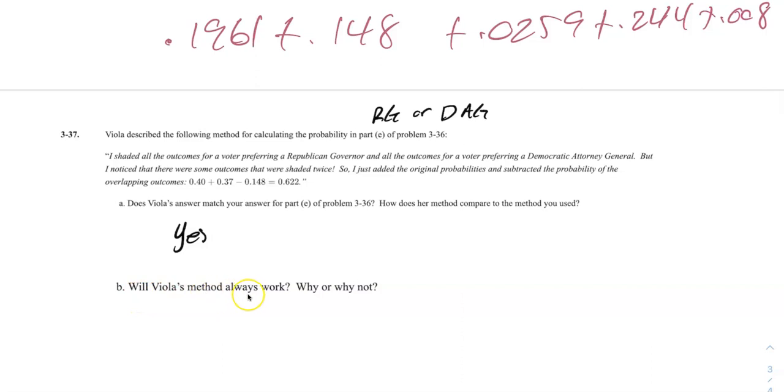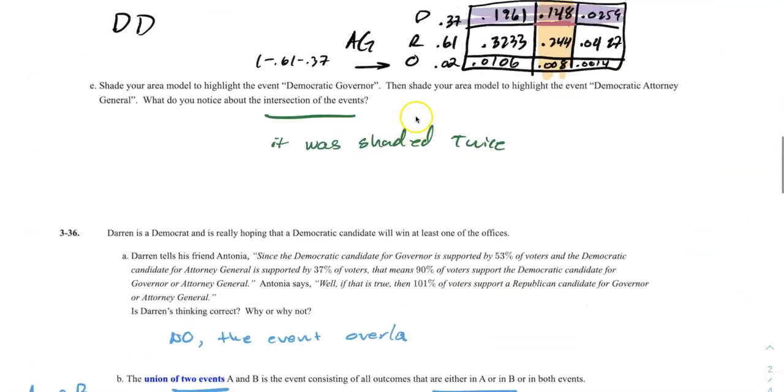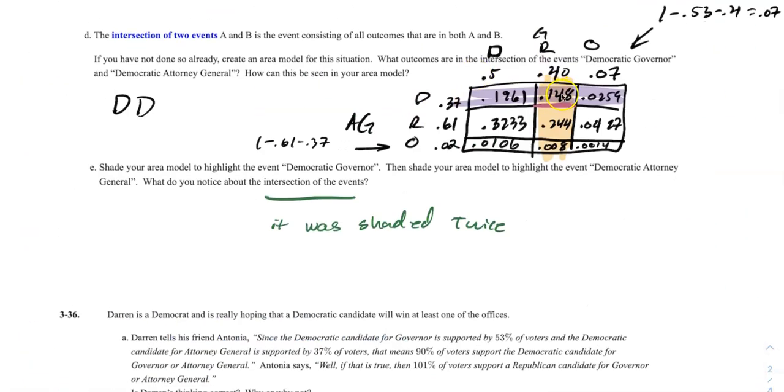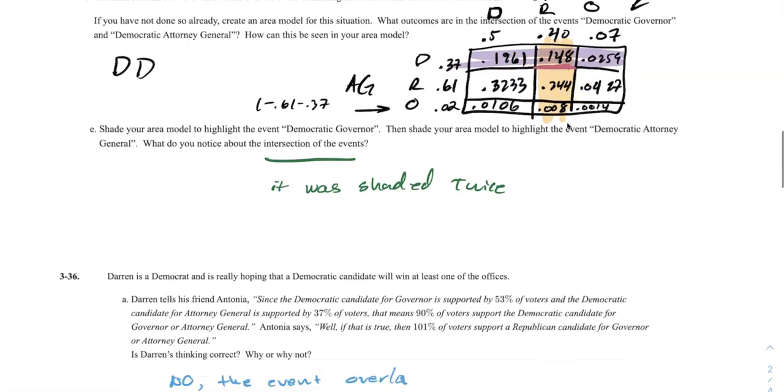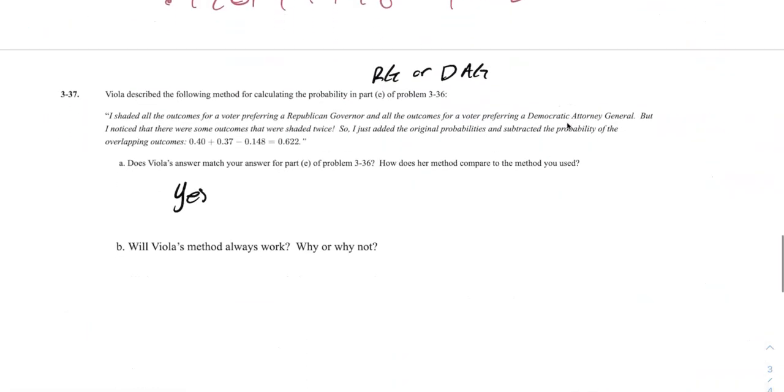Will Viola's method always work? It should, because you're just counting the same numbers. When we did it the first time, we didn't count the overlap twice, we just counted it once. She counted it twice and then subtracted it, so it's the same. So yes, it should always work.